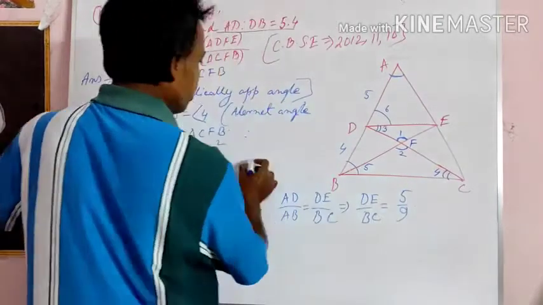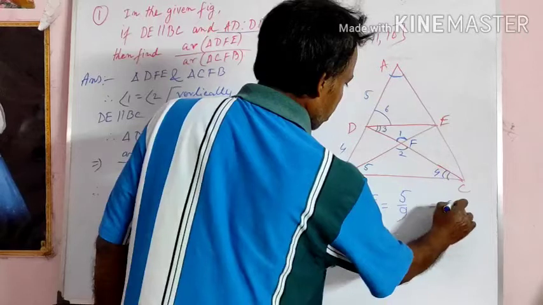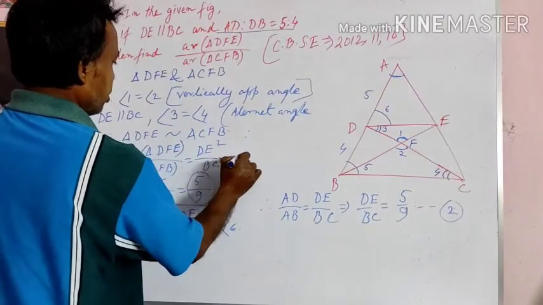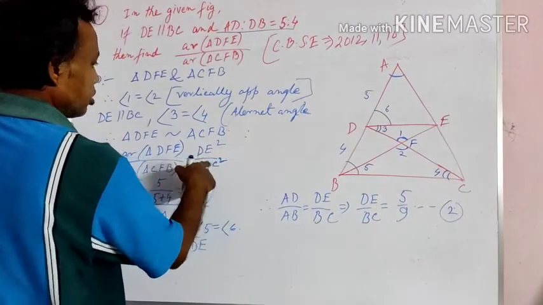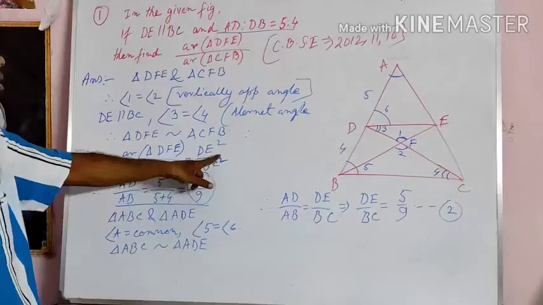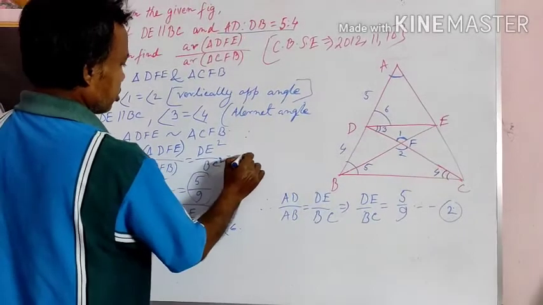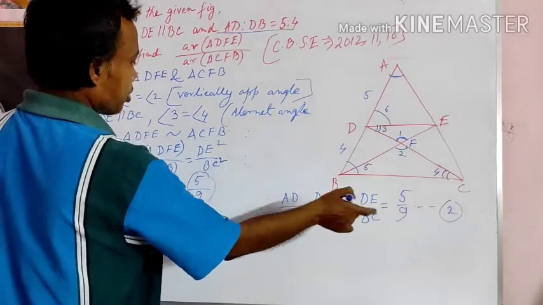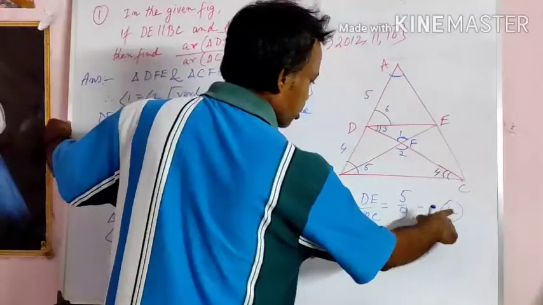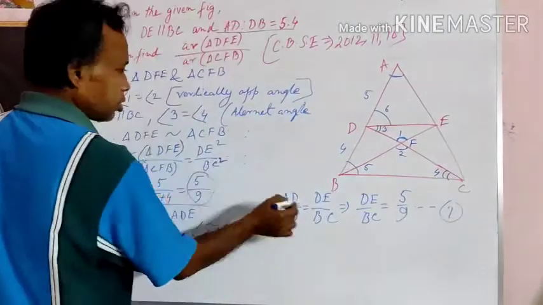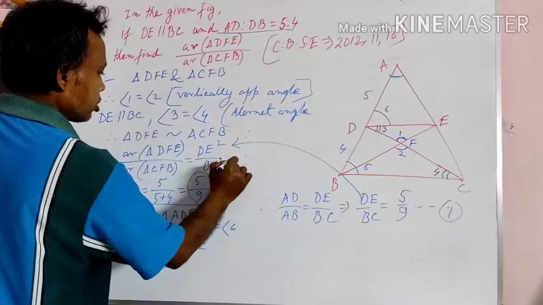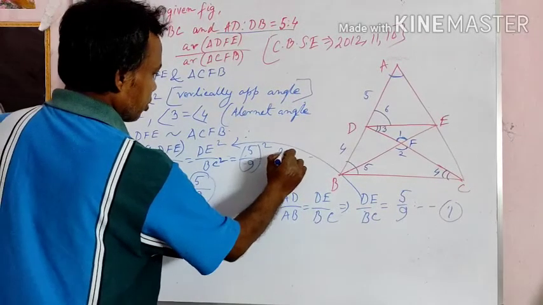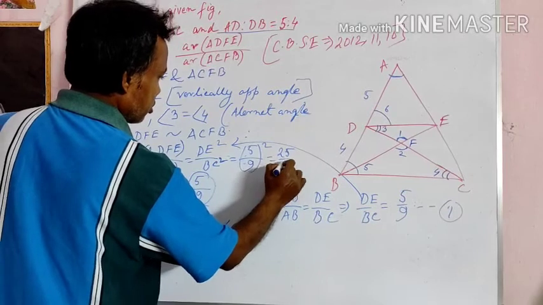Suppose this is equation 2. Put the value of DE by BC in equation 1. DE by BC is equal to 5 by 9, squared is equal to 25 by 81.